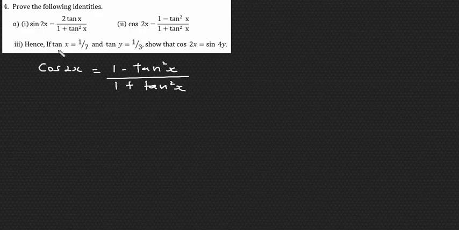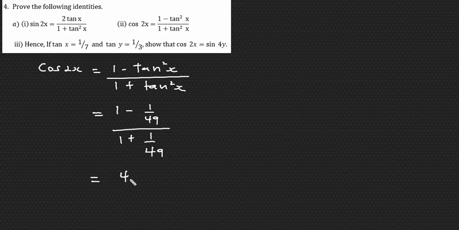We know that tan x is 1 over 7, so this will be 1 minus 1 over 49, over 1 plus 1 over 49. It will be 49 minus 1 over 49 over 49 plus 1 over 49, giving us 48 over 50.